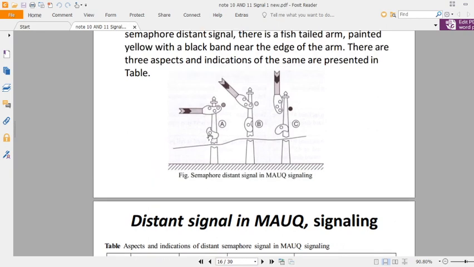So the first indicates proceed and be prepared to stop at the next stop signal. The second indicates proceed and be prepared to pass the next signal at caution, and the third indicates proceed at maximum permitted speed.